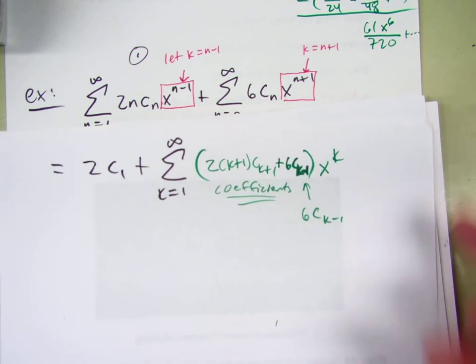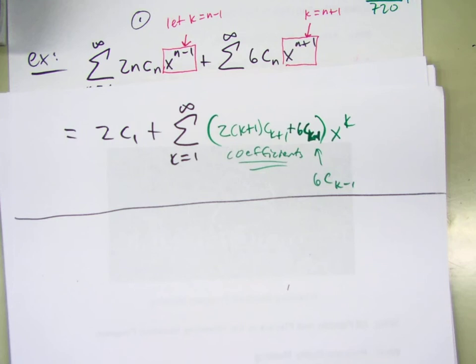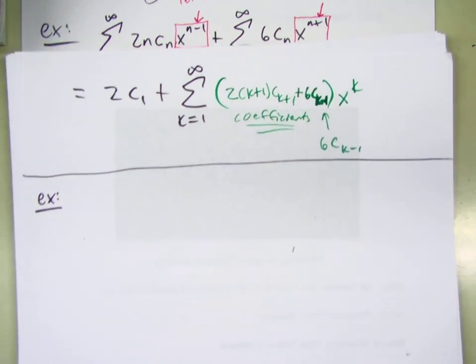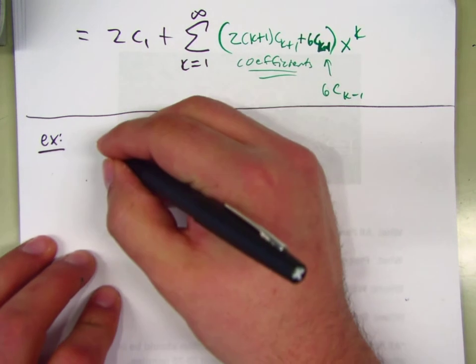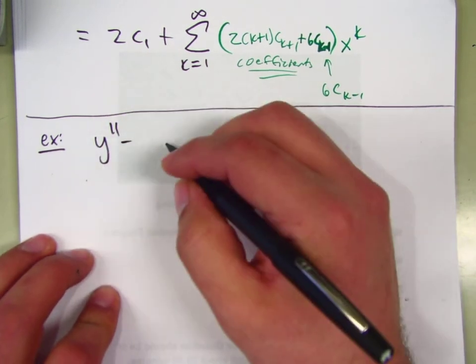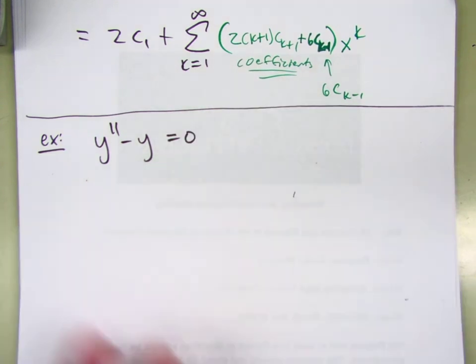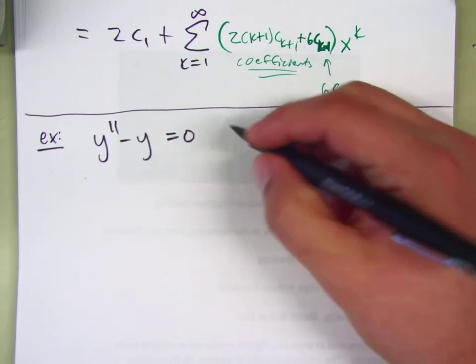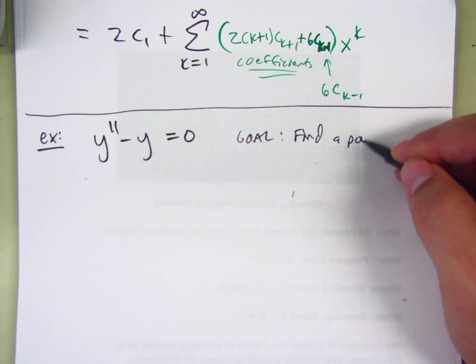Okay, so we've done all the series review that you need to know. Now it's time to see how we can use these to solve. Let's say we have the differential equation y double prime minus y equal to 0, and the goal is to find a power series solution.